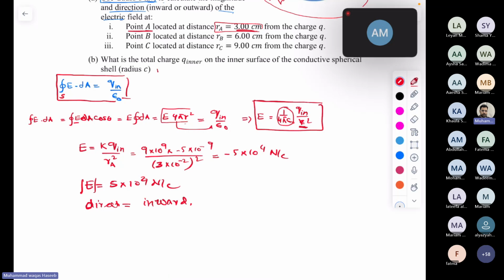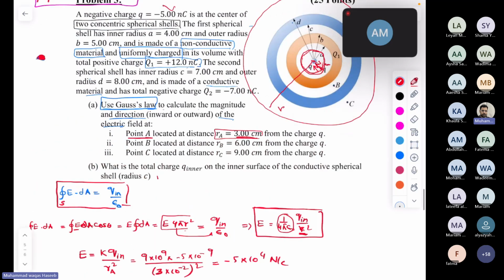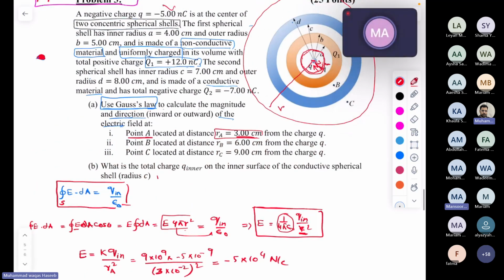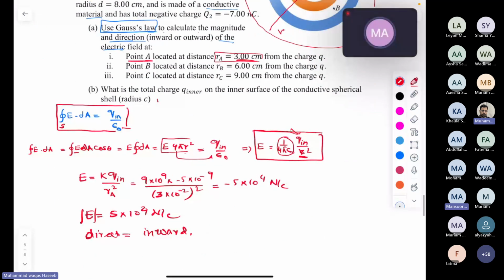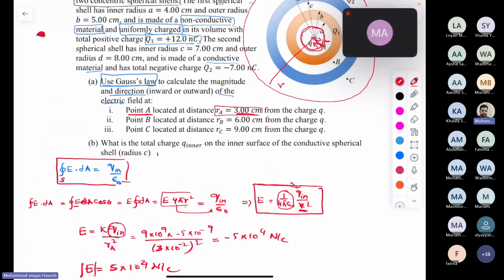Excuse me, doctor. For the Q in, is it required just at the location A or the total Q in? When you write for negative, this Q, we are talking about this charge Q. It's all about this charge.